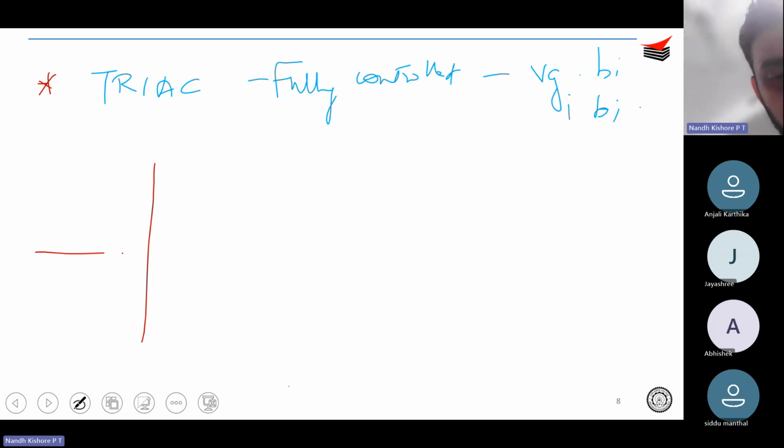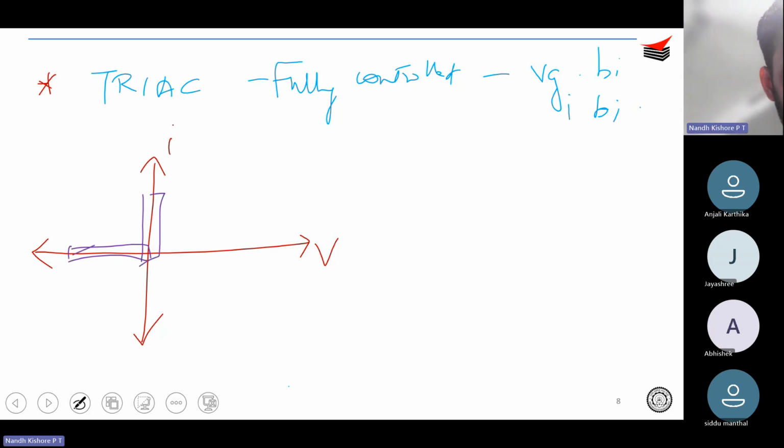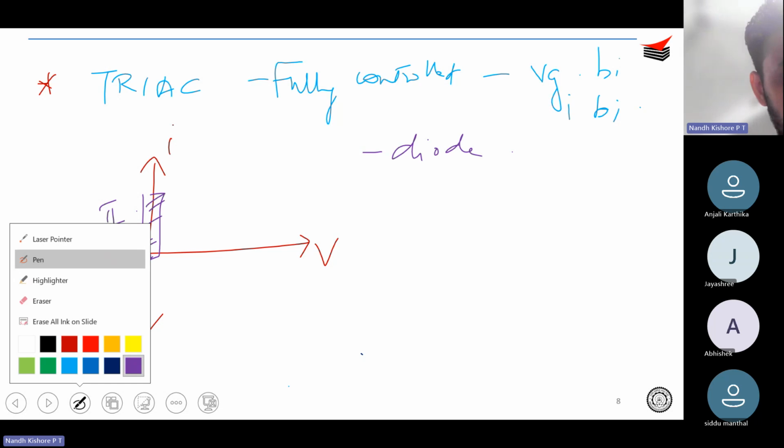So you studied about different quadrants of operation. You identified where each device is going to lie. For example, the power diode will be over here, which is always in the second quadrant. So diode is in violet, and then you have your SCR.